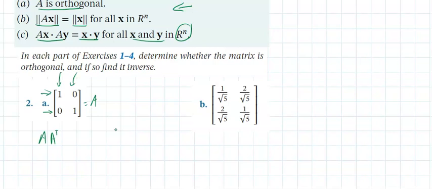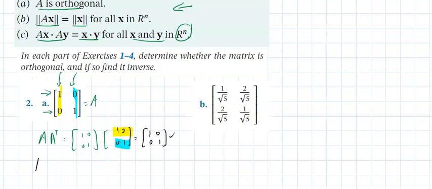If these match, well, we're going to do the brute force, that is 1, 0, 0, 1. And if I take the transpose of that, that's also 1, 0, 0, 1. Well, that turns out to be 1 plus 0, 0 plus 0, 0 plus 0, and 0 plus 1.